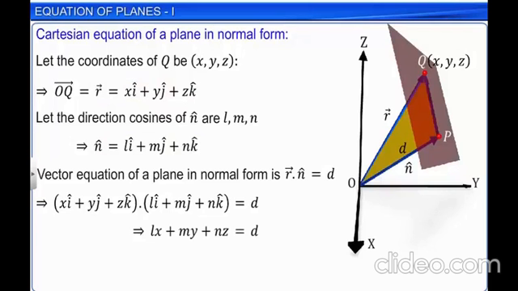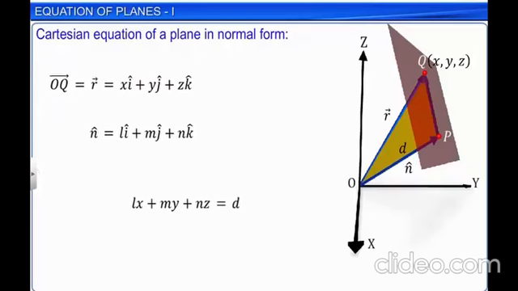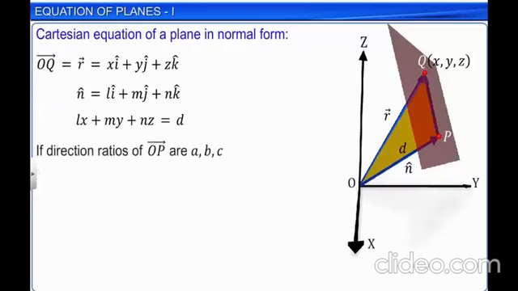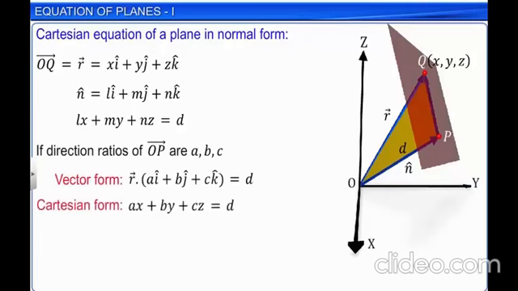If the direction ratios of the normal to the plane from the origin are given, then the vector and Cartesian equations of the plane in their normal forms are as shown. Point P represents the foot of perpendicular OP drawn from the origin to the plane.